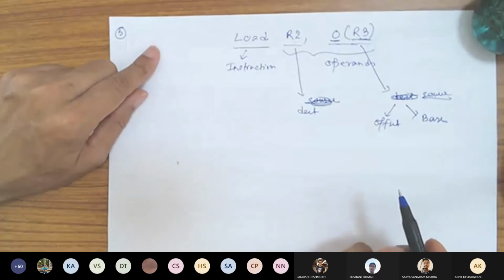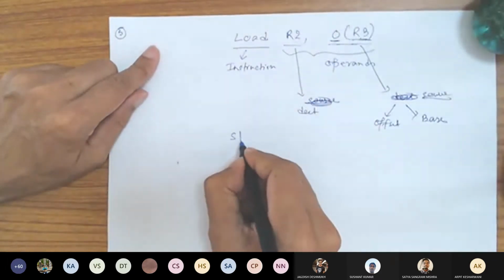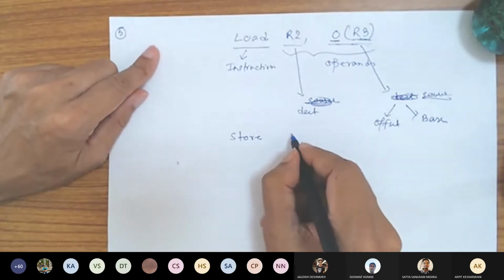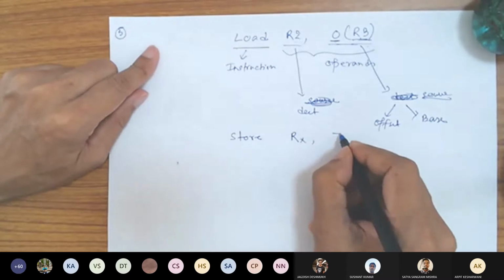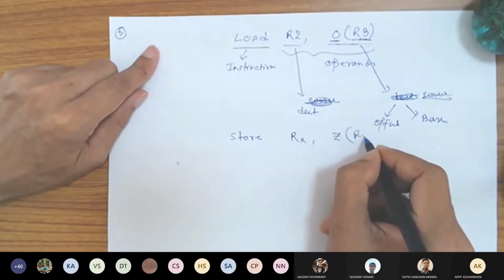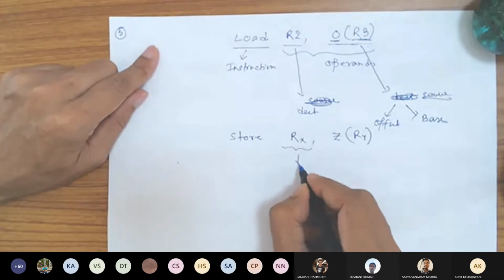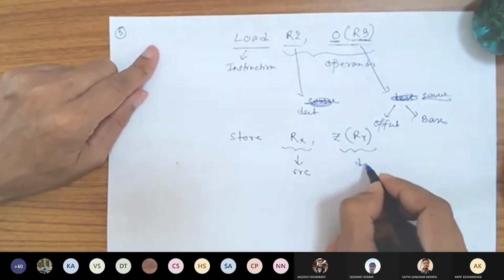So this is loading something from memory. Reverse order, when it happens, store. Store Rx, comma Z, Ry. Here this becomes your source. This becomes your destination.